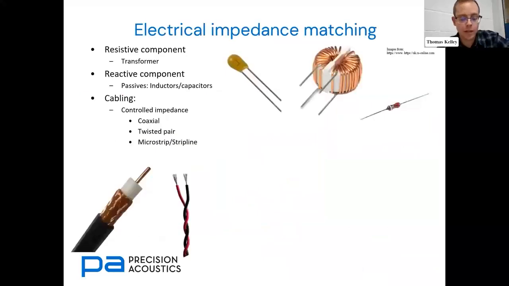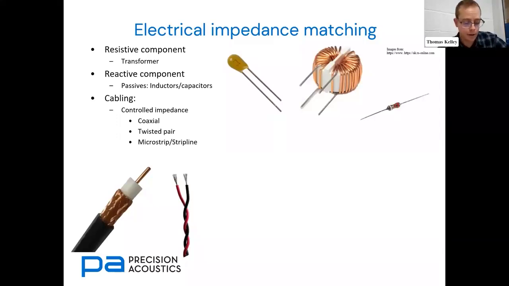So electrical impedance matching. Typically a transducer assembly, so a piezo element or a piezo element with a backing and a matching layer, will not naturally be a good impedance match to your drive circuitry. Sometimes you can get lucky, or if you're designing a drive circuit around your transducer, then you can accommodate whatever impedance you've got, but quite often you'll need to tune the electrical impedance of your transducer.